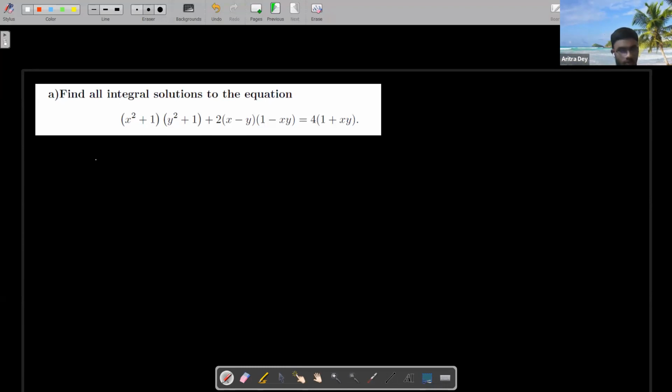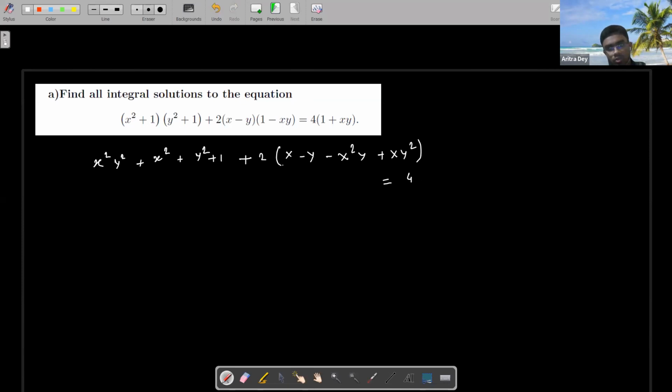Open bracket and factorize. Okay, let's do this. Very good. x square plus y square plus x square, then y square plus 1. This is the first one. And for the second one, 2 into (x minus y), minus x square y plus x y square, that is equal to 4 plus 4xy.